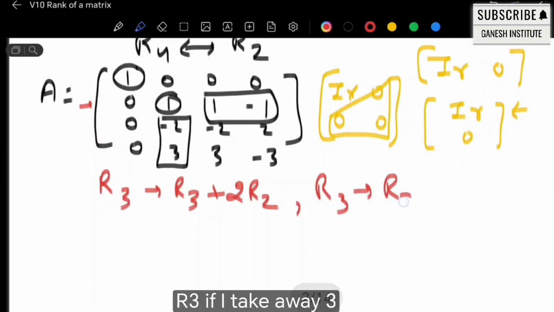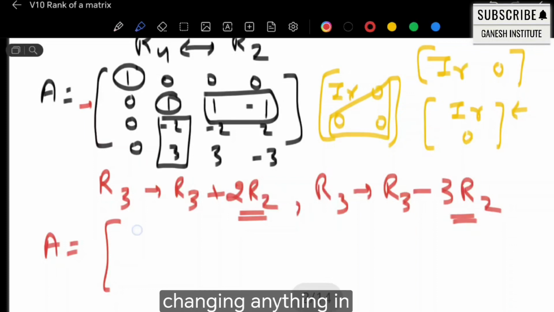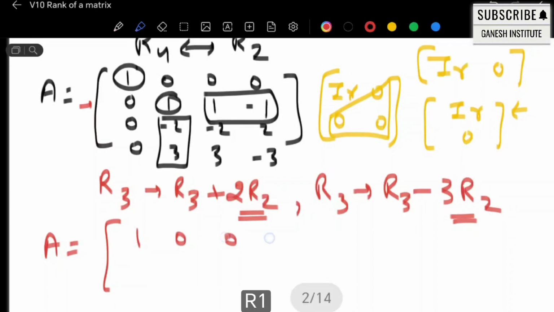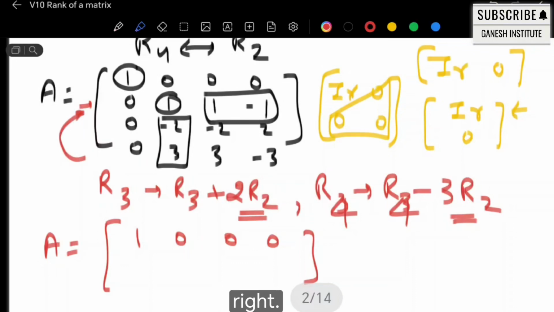Then for R4, if I take away 3R2, this is my base 1. Now I'll get zeros. I'm not changing anything in R1 or R2. R4 tends to R4 minus 3R2, right?